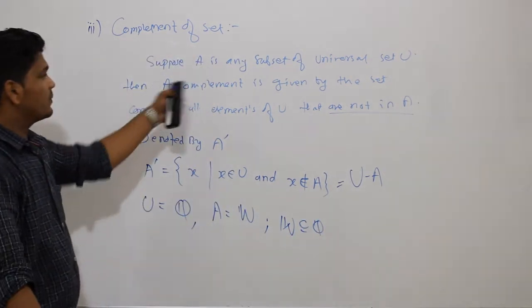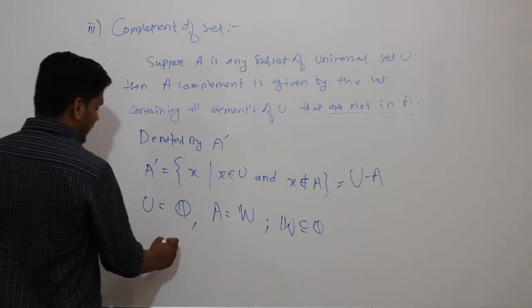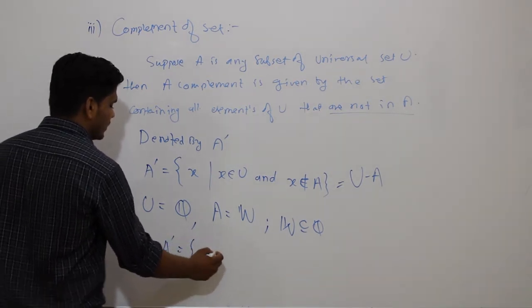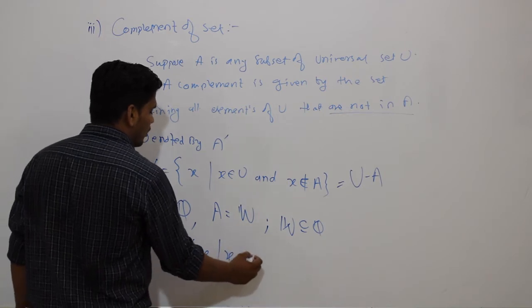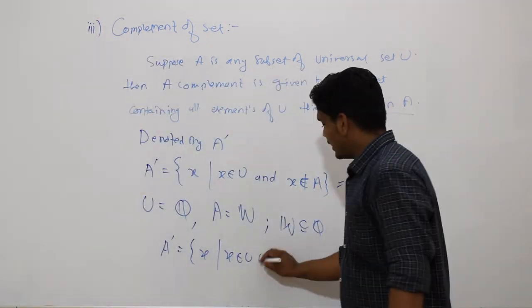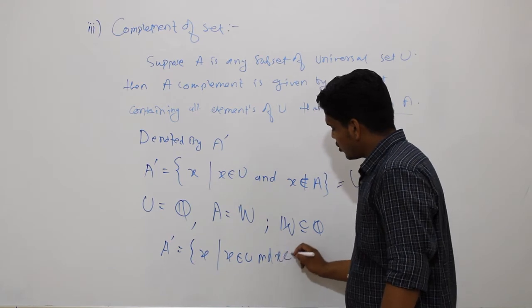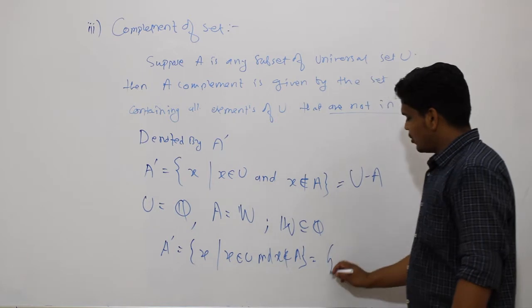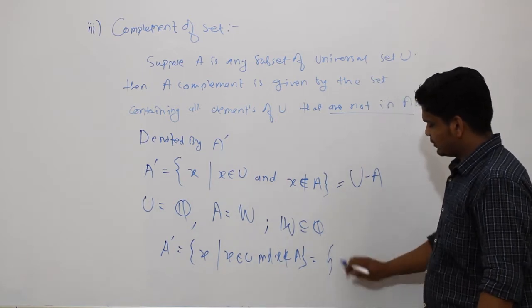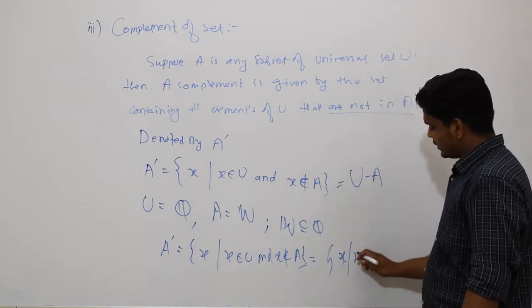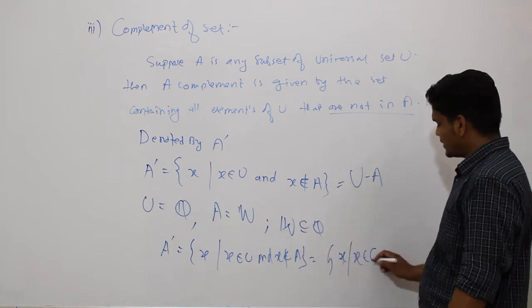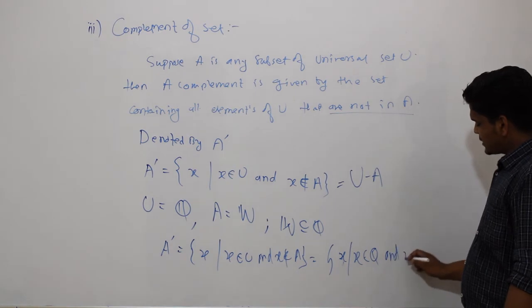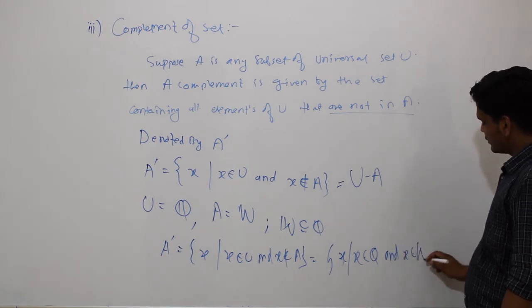Now I want my A dash. A dash means I will consider all those elements that are from U, but X must not be in my A. All those elements X such that X belongs to U. U is nothing but your rational numbers. Means I will take all rational numbers and those rational numbers must not be whole numbers.